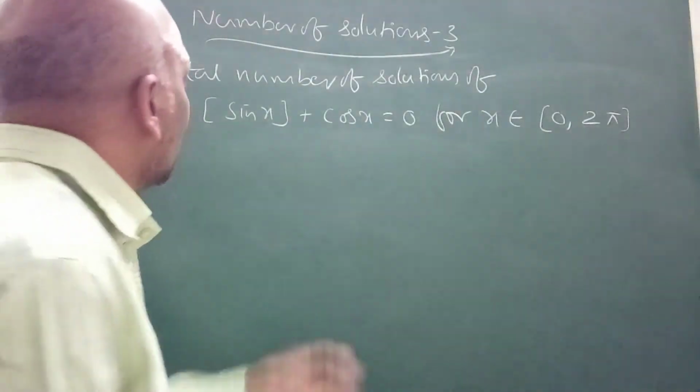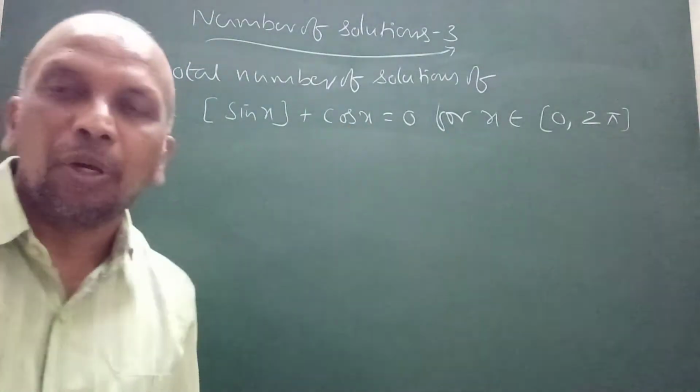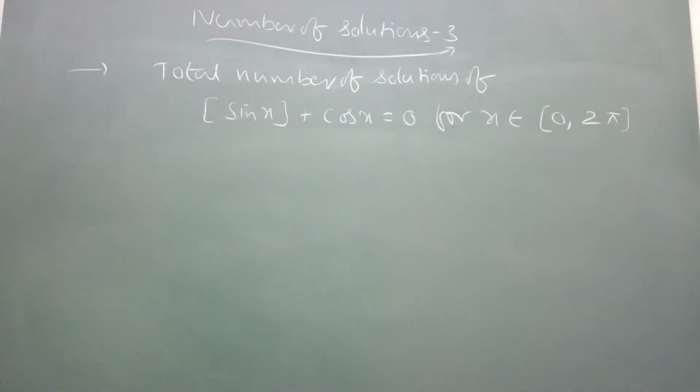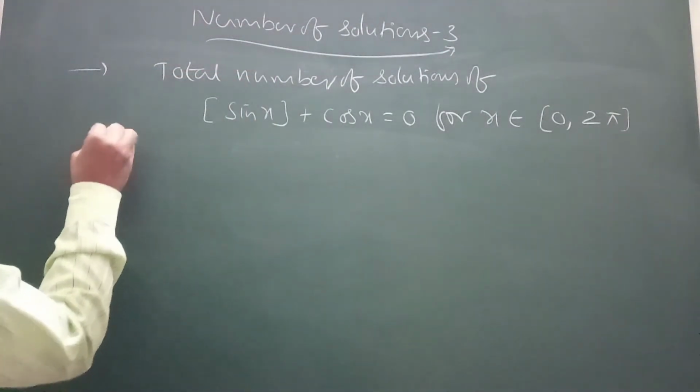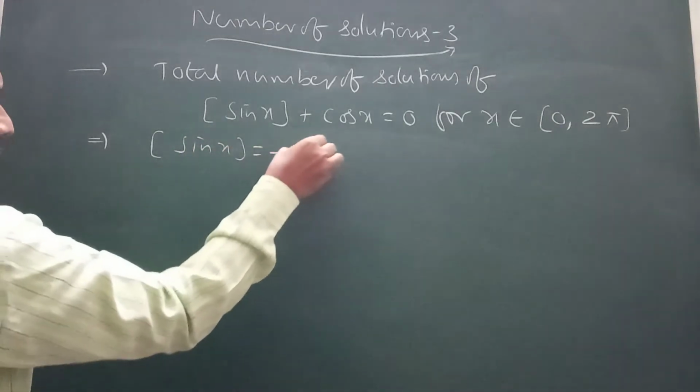In this problem, they are asking the total number of solutions of step of sin x plus cos x equal to 0 for all x belongs to [0, 2 pi]. From this I can write the equation as step of sin x equal to minus cos x.